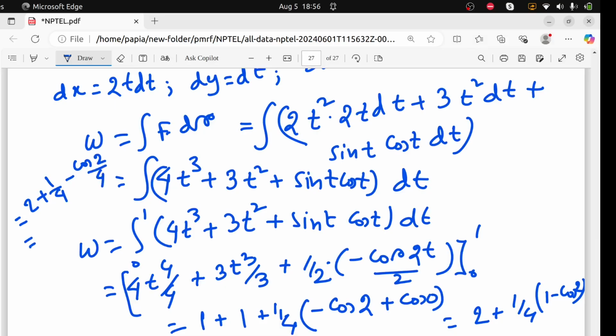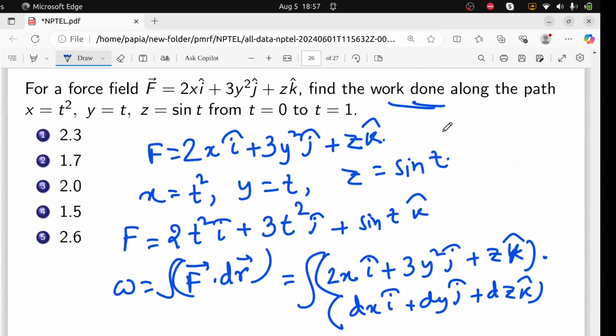I just calculated the value of this expression, and it is coming as 2.354. So the answer was 2.354, so 2.3 approximately is the correct one. Right?